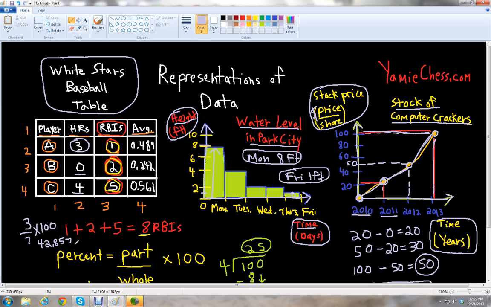And if you round to the nearest percent, this would be about 43%. So that's how we found that player A hits about 43% of the total number of home runs for the White Stars baseball team.